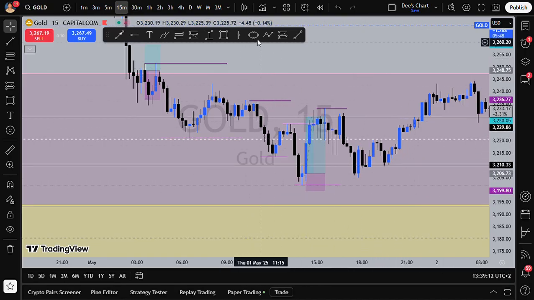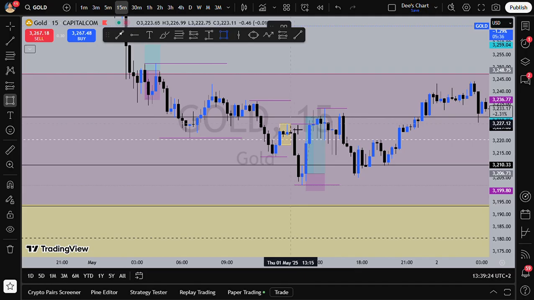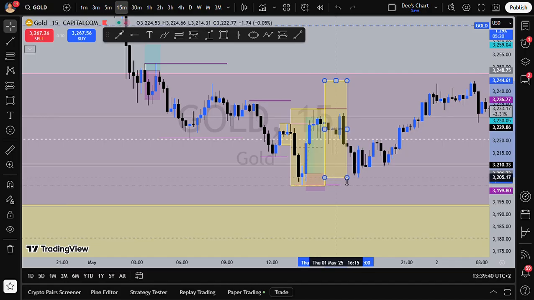You can use AMD. So this is my consolidation right here. Mark this out as my consolidation. And then this will be my manipulation. And then this will be my distribution.